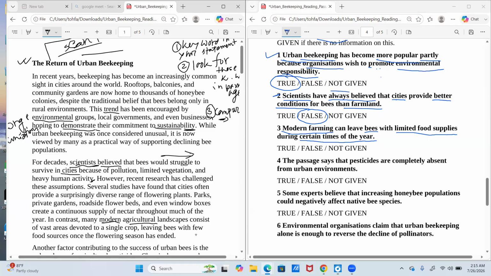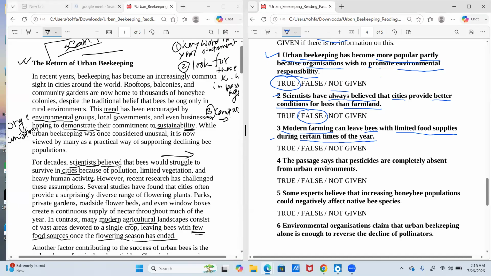Afterwards, it says few food sources. We have found our clue. And another one is flowering season has ended, which means that after a certain time or portion has ended. So we have found our clues, and now we would be reading the whole sentence.